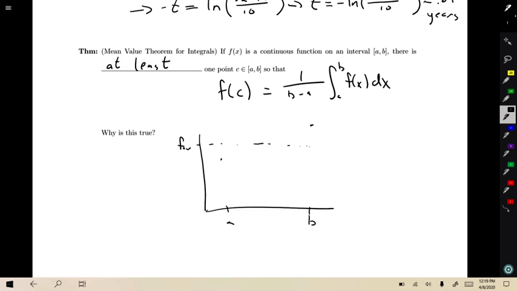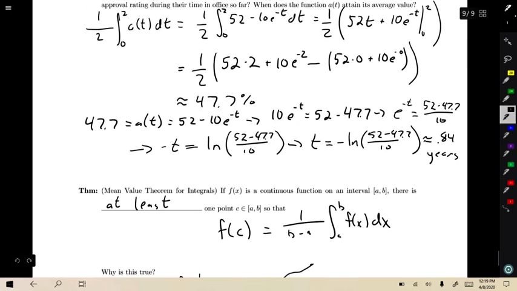And by the intermediate value theorem from Calc 1, and the fact that f of x is a continuous function, we know that at some point, we can't avoid passing through this middle average value here. We're larger at one point, we're smaller at another point, we're continuous, so we have to pass through that middle value. So that's what's going on with this mean value theorem for integrals.